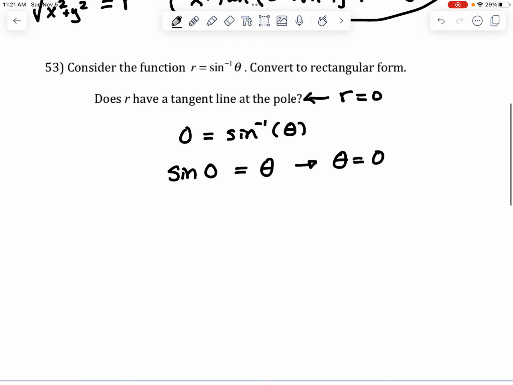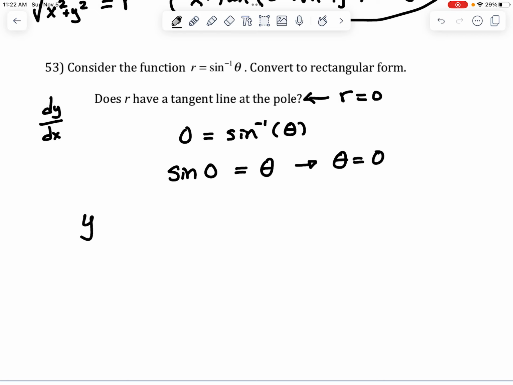Well, tangent line refers to dy dx. So in other words, does dy dx exist when theta equals 0? And then dy dx means that we need to go back to what does x equal and what does y equal. So if we're going to do dy dx, then I need to know what dy is.